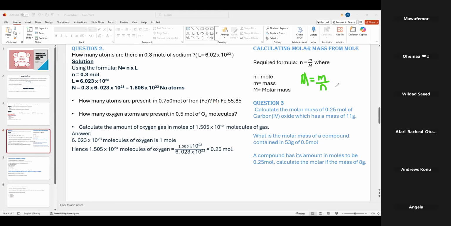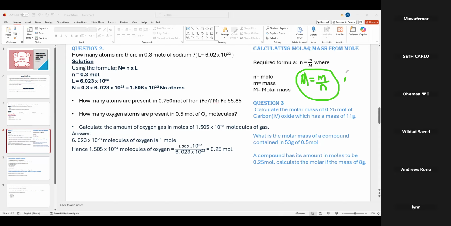Do we all agree? Yes, sir. Okay, so that is the right substitution if you do the changes. So now you have capital M is equal to small m over n. And now the question is saying that you should calculate the molar mass of 0.25 mole.